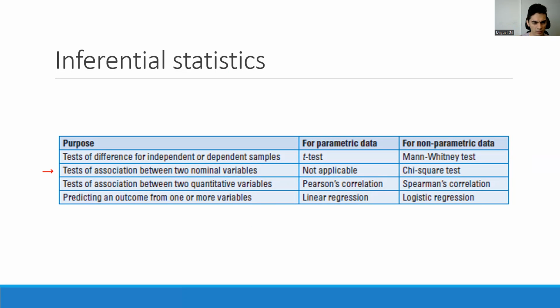But this one, the test of association, tells you how strong they are. This tells you yes or not: is there a relationship between the variables? This tells you how strong they are.